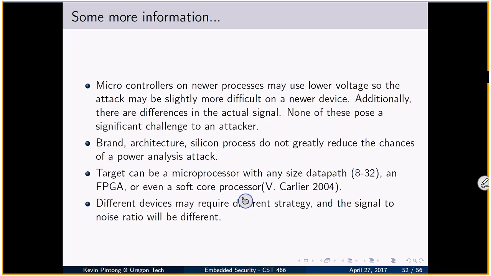Can anyone tell me why the signal-to-noise ratio on an FPGA would be lower than, let's say, a microprocessor? It's running everything in parallel, so there's more processes. Well, that's true. But what else about the FPGA versus the microprocessor? The FPGA is all faking hardware implementation, so there's actually a lot more gates everything's going through.